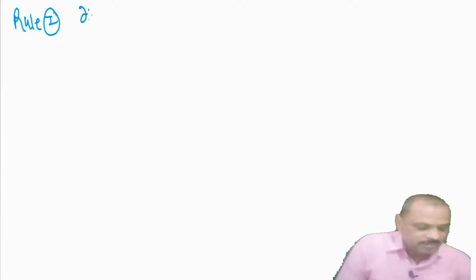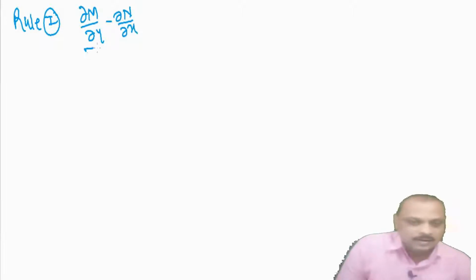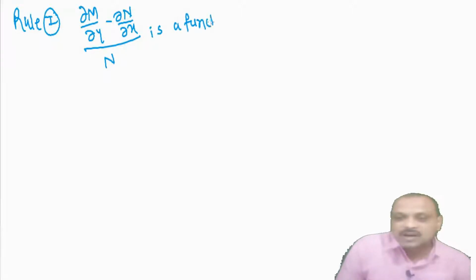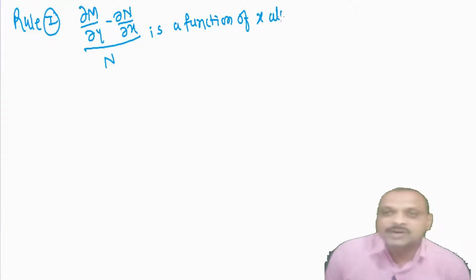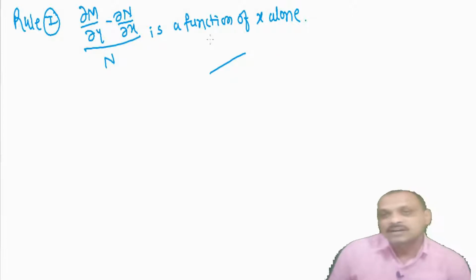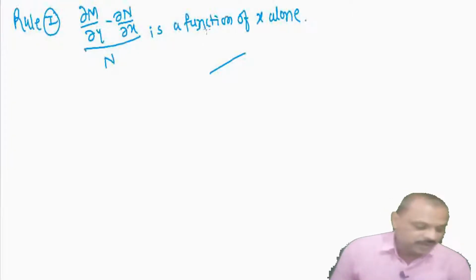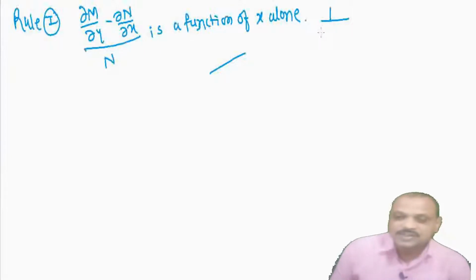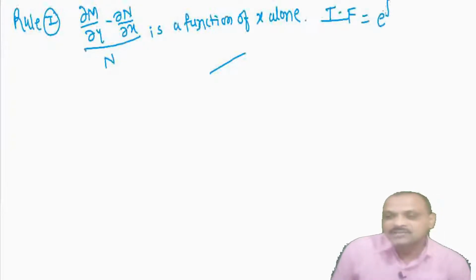What is the first rule? Whenever del M by del y minus del N by del x, divided by N, is a function of x alone, that is, contains only terms of x, say f of x, then the integrating factor equals e raised to integration of f of x dx. That function is an integrating factor.